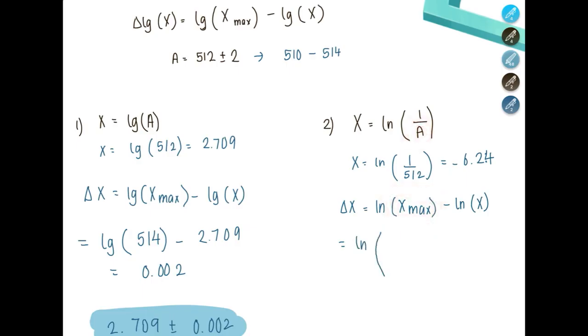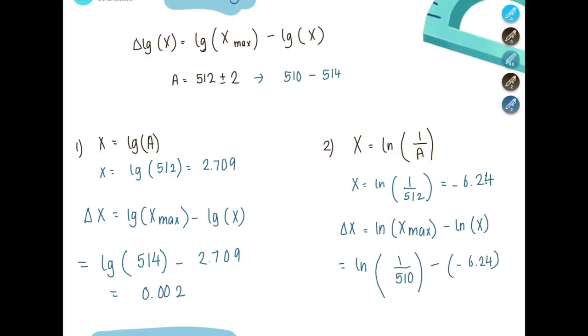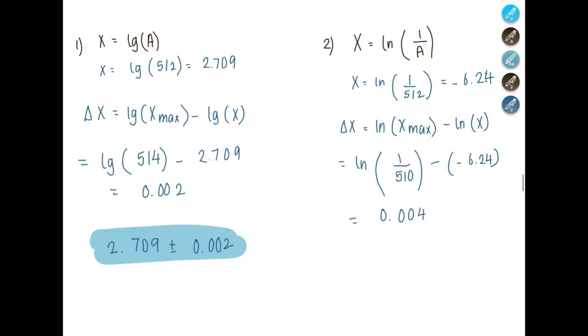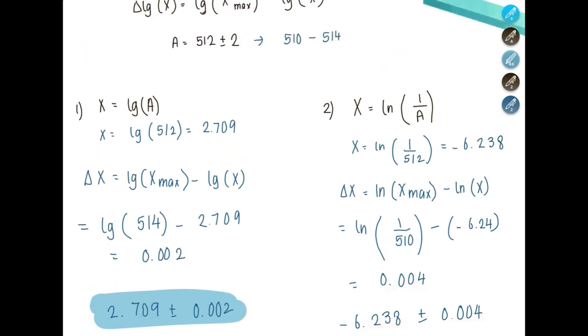So this is going to be 1 divided by 510 minus 6.24. So this is going to give you 0.004. You can write this as 6.238 plus minus 0.004. We have 3 decimal places, so we have 3 decimal places here as well.